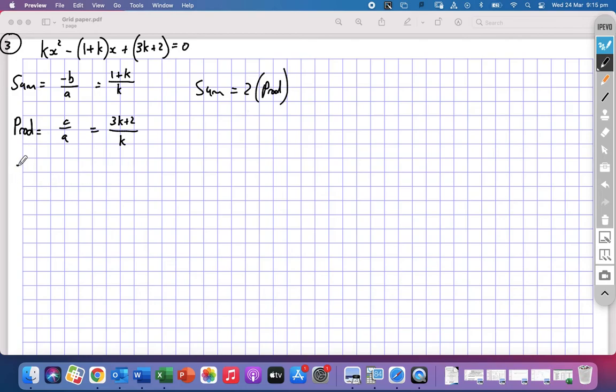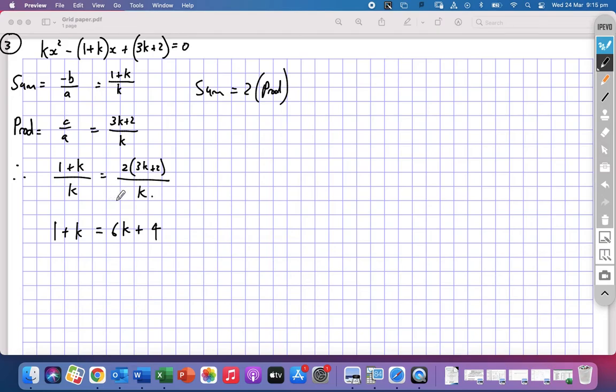All right, so therefore 1 plus k on k equals 2 times 3k plus 2 on k. Now given that those k's would be the same number, we could just say 1 plus k equals 6k plus 4, right? So the top part of the fraction there and this top would be the same.